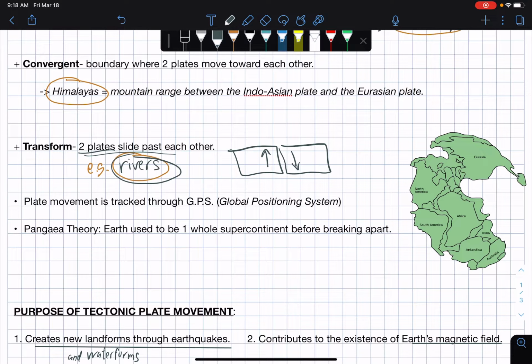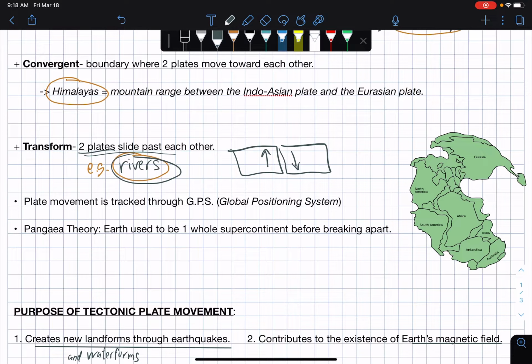But unfortunately, GPS hadn't been invented yet at that time. For the Pangea theory, it basically states that Earth used to be one whole supercontinent before breaking apart. So Eurasia is there, North America, South America, Africa, India, Antarctica, and Australia.